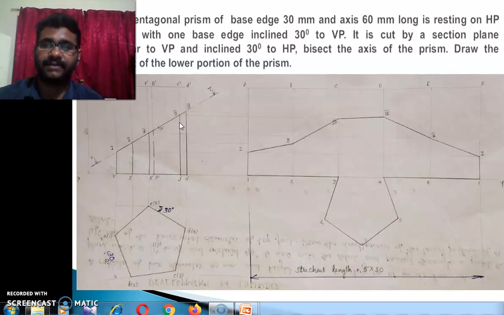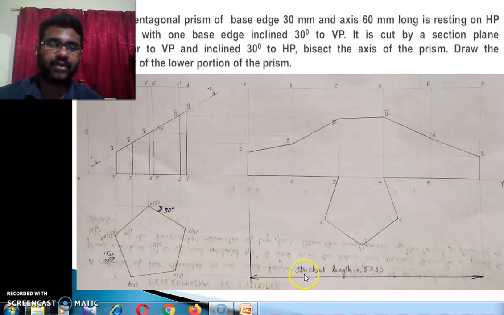The lateral surface means the side faces, which consist of rectangular surfaces. So what will be the shape of the development obtained? Definitely the shape will be a rectangle, right? The length of that rectangle will be equal to the number of sides times the length of one side.